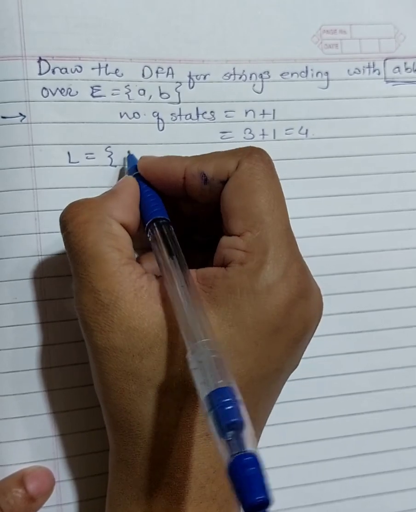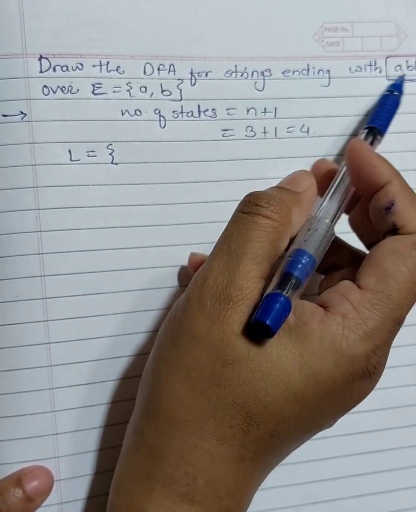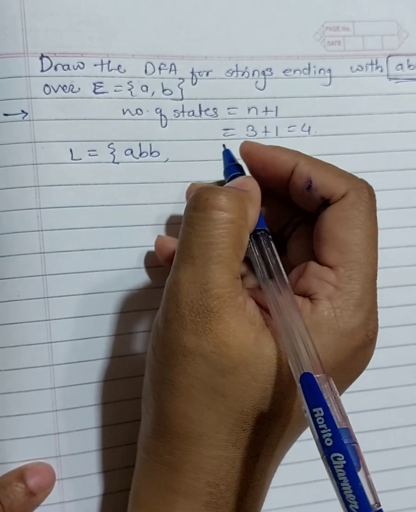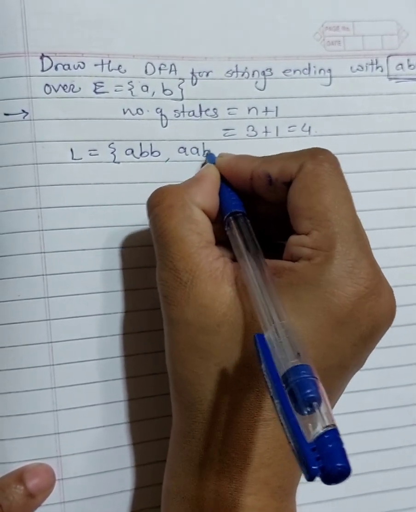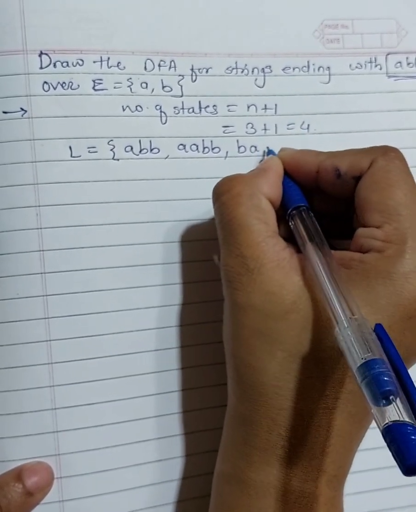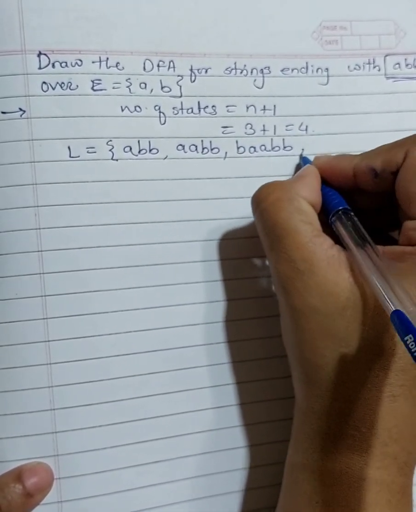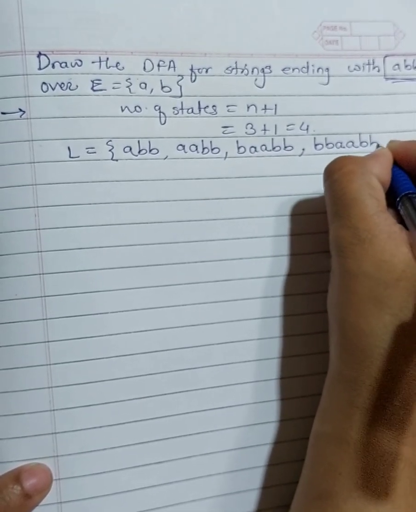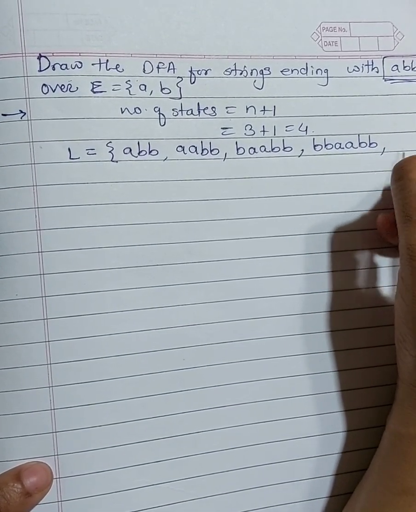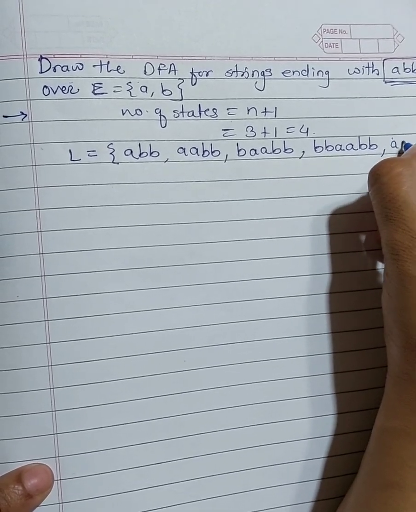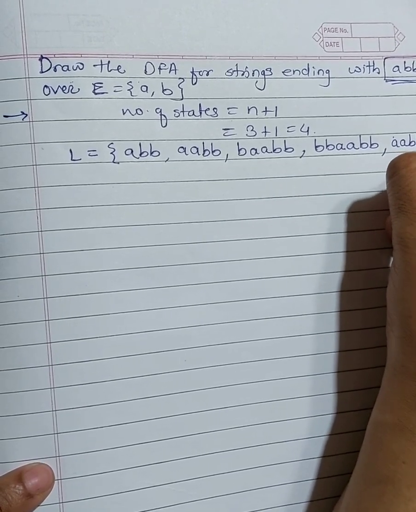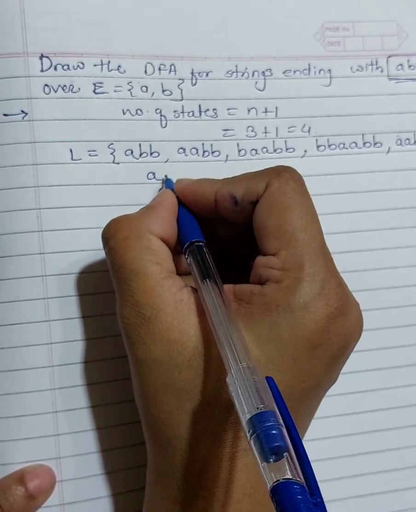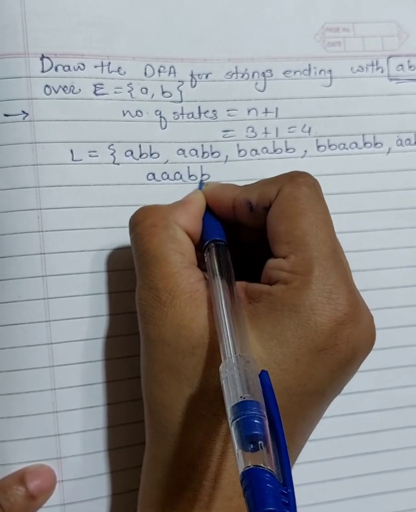So we can say that strings ending with ABB, we can say that the same string itself, we can have AABB, we can have BAABB, we can have BBABB, ABB, we can have AABBABB, or we can have AAABB.